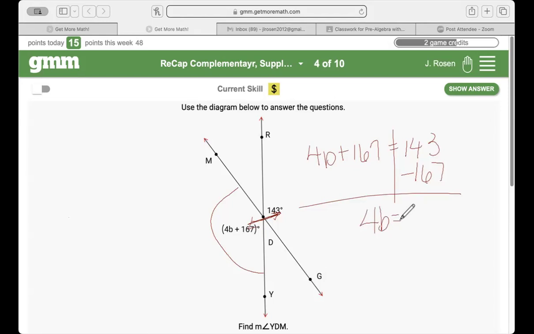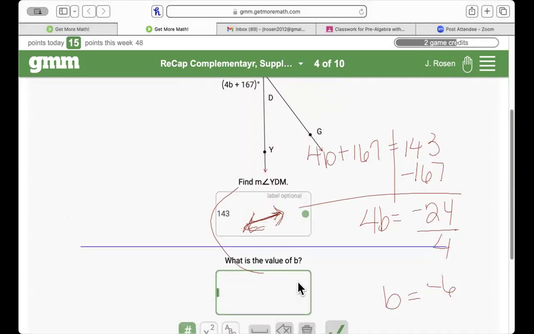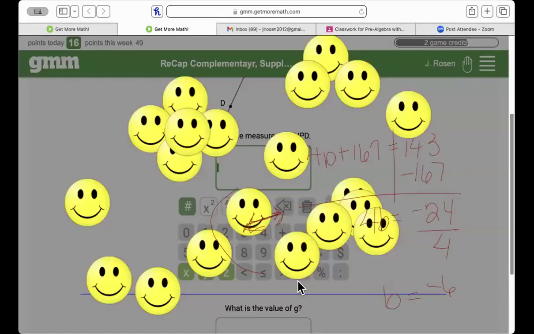So 143 minus 167 equals negative 24. And then divide by 4. So B is going to equal negative 6. But again, these are vertical angles. So the whole thing, YDM, measures 143. And then the value of B was negative 6.